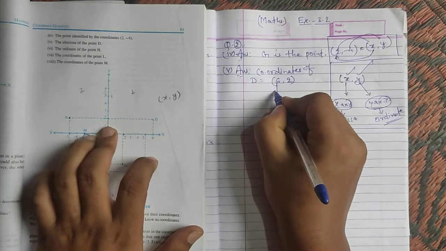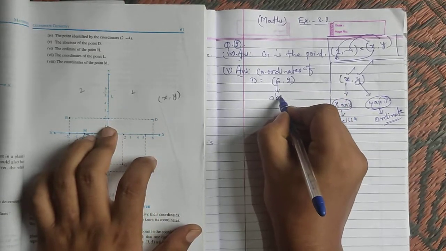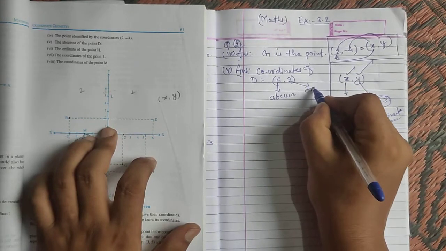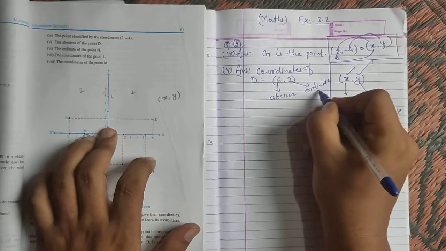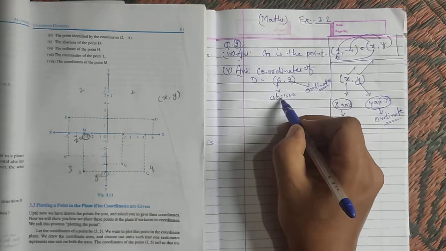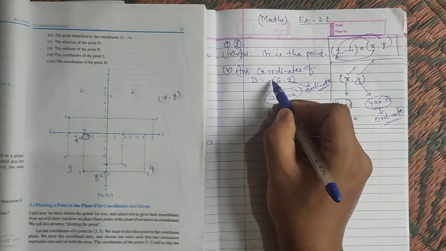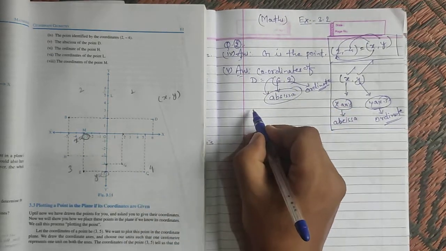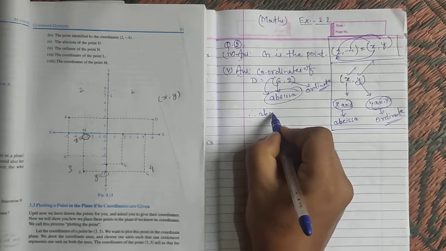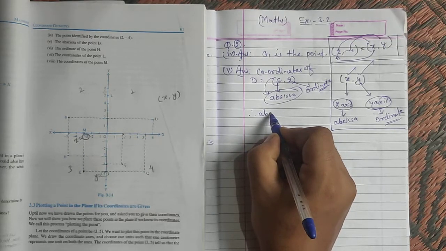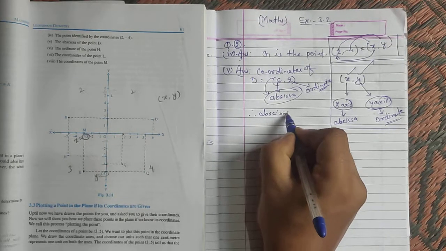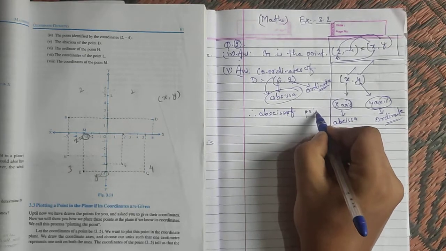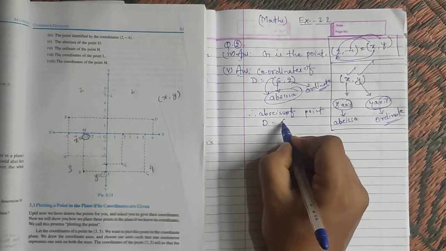So this 6 is the abscissa and this 2 is the ordinate. In this question we have to find only the abscissa, so the abscissa of point D is 6.